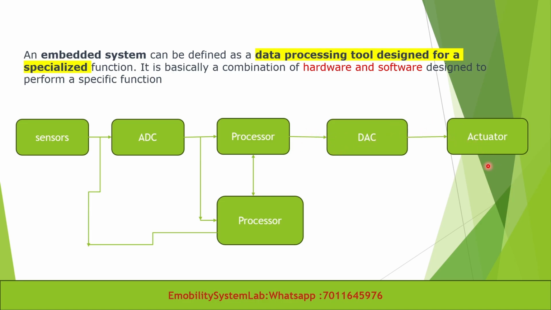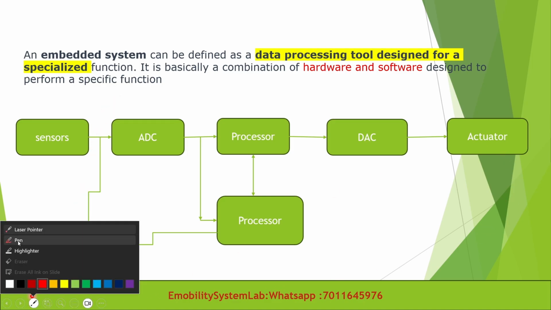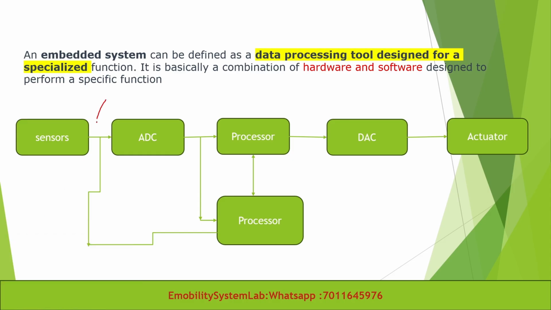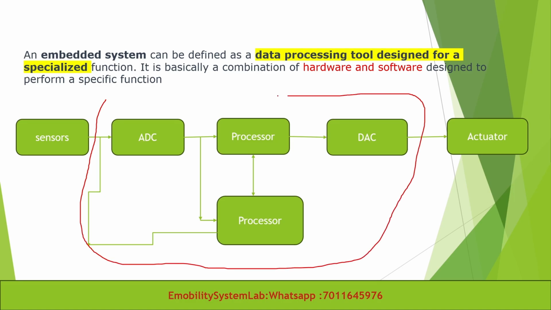The actuator may be your fan, your LED lights, anything, an output device. So you understood that this is part of your microcontroller. I will draw it now. So this is part of your microcontroller.